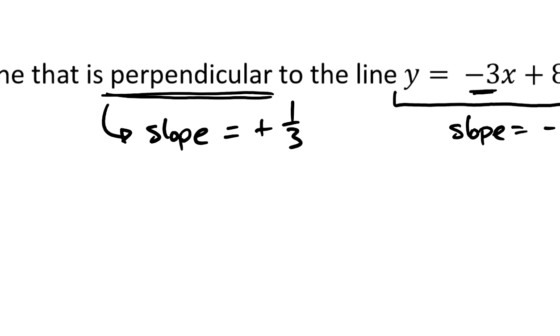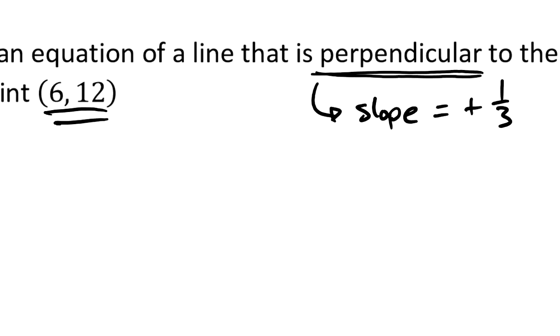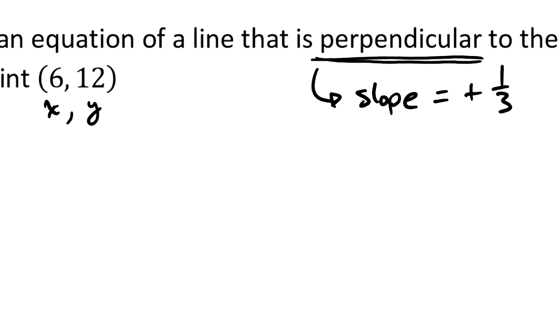And now that I know my slope has to be 1/3, I'm just going to use the x and y values from this point to figure out the y-intercept. So again, I start with y equals the slope times x and then plus my y-intercept.